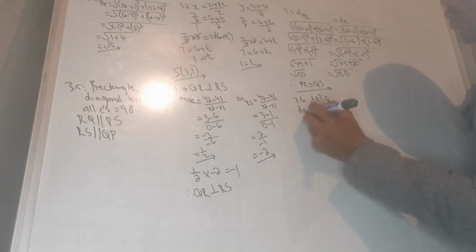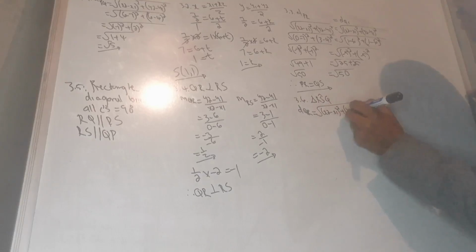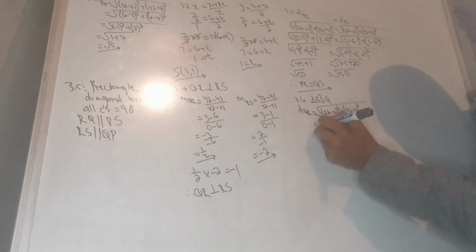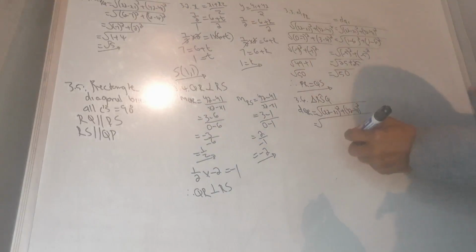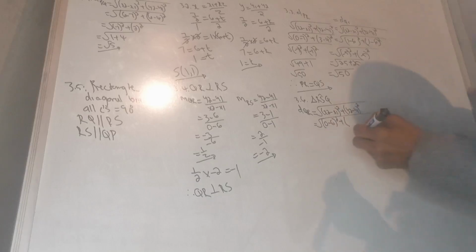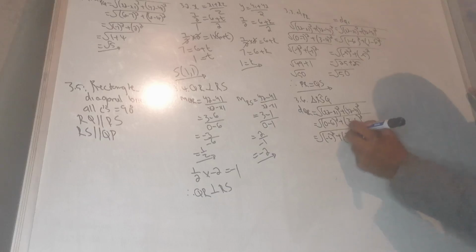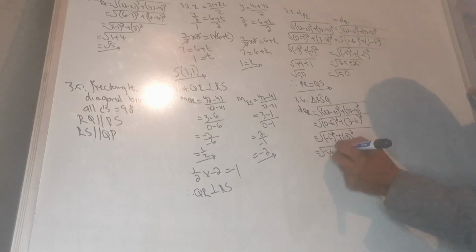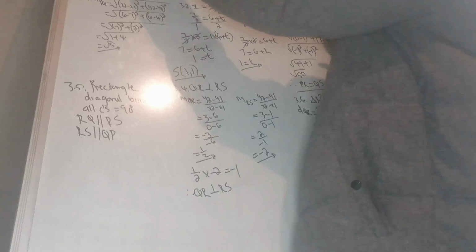The distance of QR equals the square root of x2 minus x1 squared plus y2 minus y1 squared. QR equals 0 minus 6 squared and 3 minus 6 squared: minus 6 squared plus minus 3 squared. 36 plus 9, which is 45. So QR is root 45.